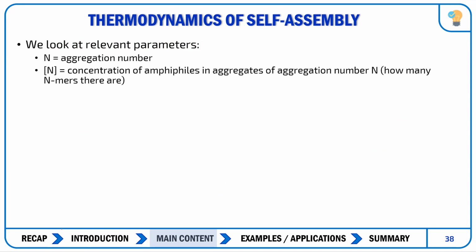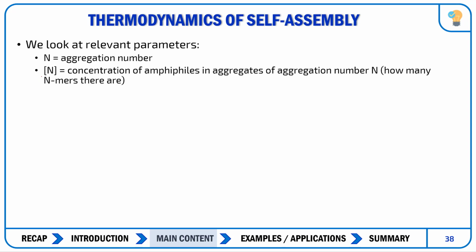So next, we want to look at some ways to try and quantify what we've just looked at. So I want to introduce a couple of important parameters. We want to call n the aggregation number, and we want to call this the concentration of amphiphiles in aggregates of some aggregation number. So this has been quite tricky in the past.